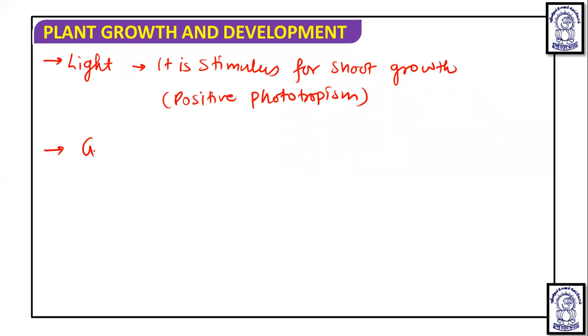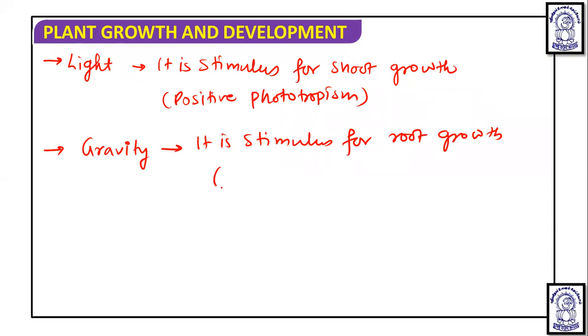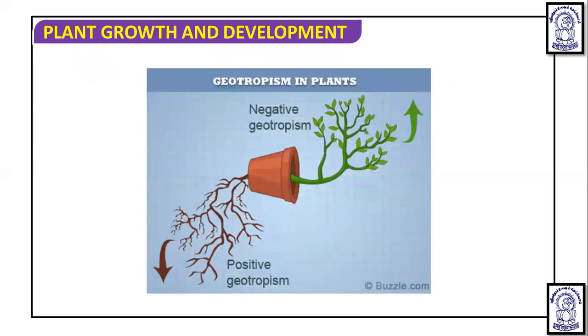Whereas the second is gravity, and gravity is a stimulus for root growth, and that explains positive geotropism. So these are the two things in which this can be explained. As we have discussed, roots show positive geotropism and shoots show negative geotropism.